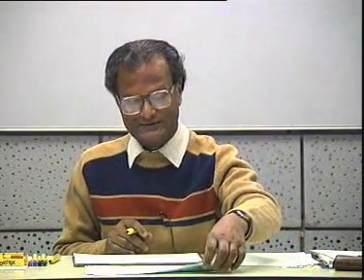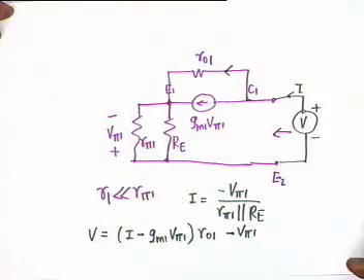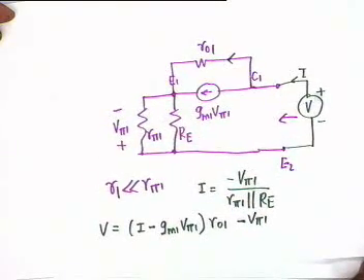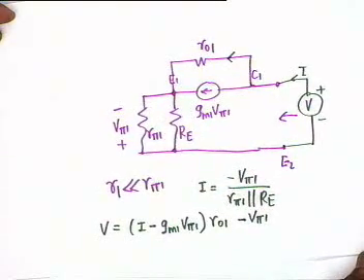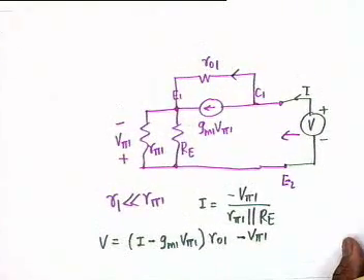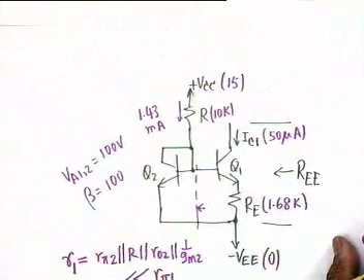Sir, could you please show the equivalent circuit once again? Equivalent circuit once again, I will show you twice. The question: you have connected R pi 1 between E2 and E1, how have you done that? That's right.